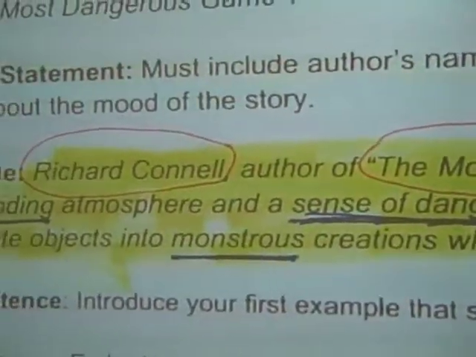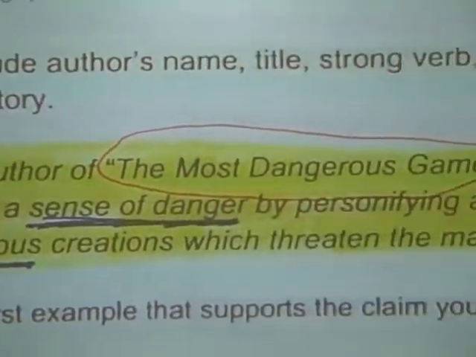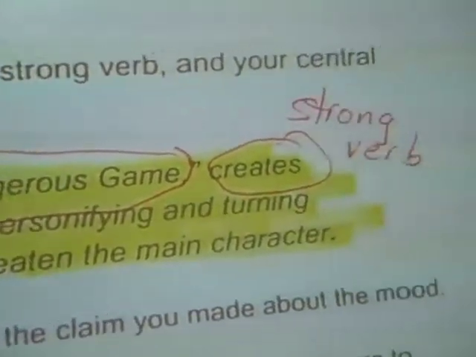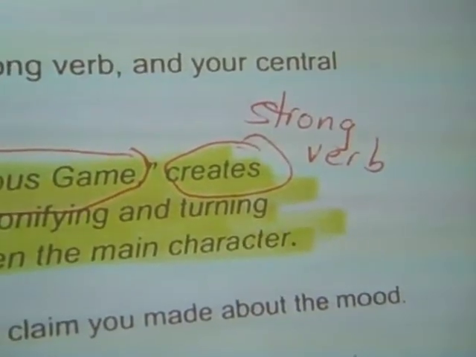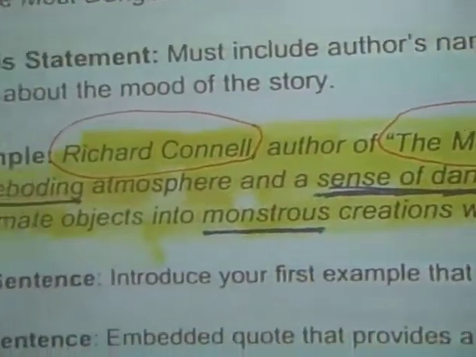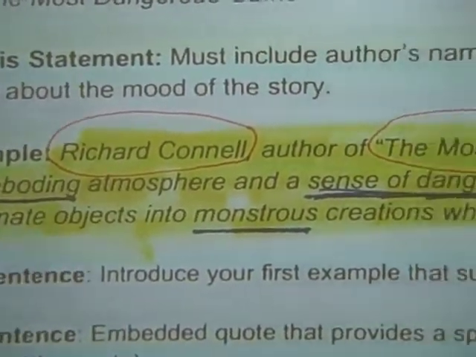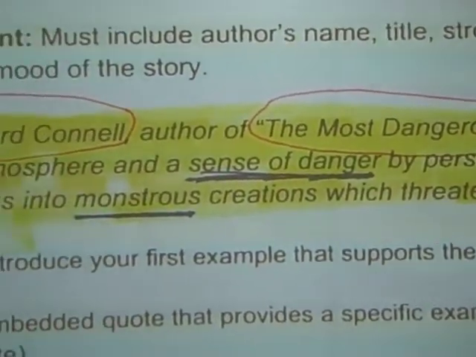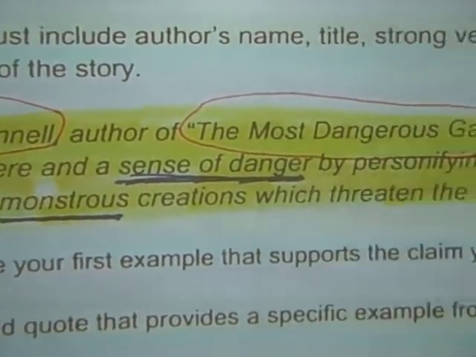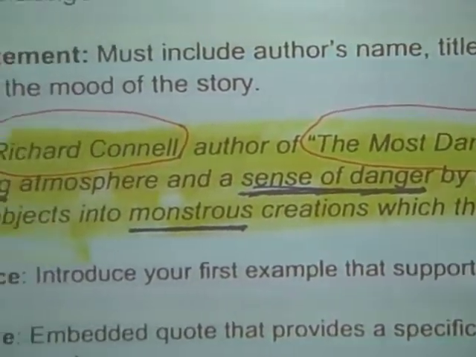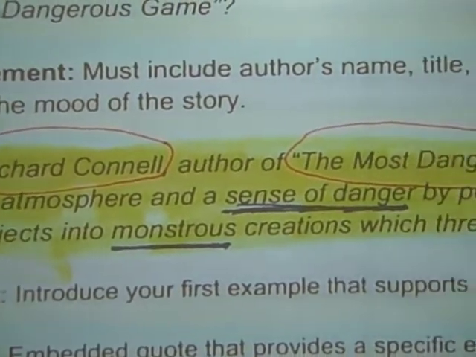Notice I have the author's name, I have the title of the story, and I have my strong verb, creates. Then my central claim is that the mood is going to be foreboding, dangerous, because of monstrous creations. So I'm mainly going to talk about personification in my paper.